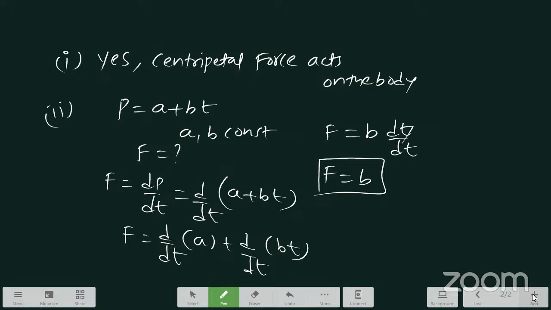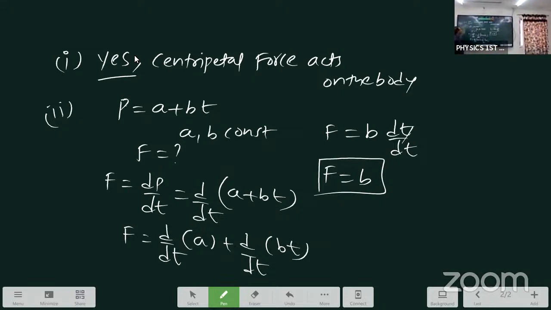Now, a particle moving in a circular path, any force acting towards the center, that is our question. A particle moving in a circular path means centripetal force acts on the body. In this special problem, they gave momentum. Momentum changes linearly with time.